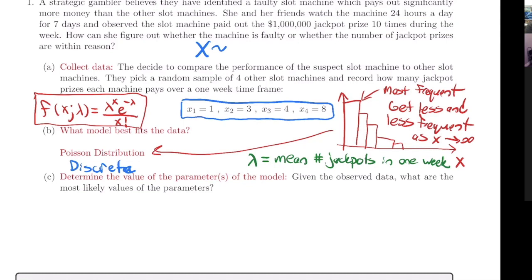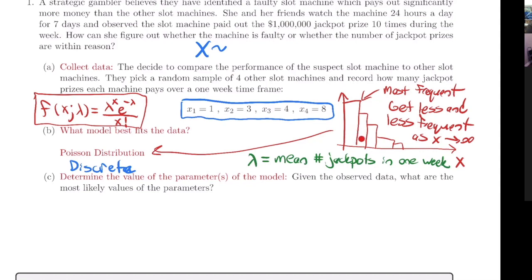So if you think about watching a slot machine, right? You can't just go and pay out 4 jackpots a week unless you've already paid out 3 jackpots a week. So as the number of jackpots gets larger, it's really not that unlikely that it's going to pay out 1 jackpot.